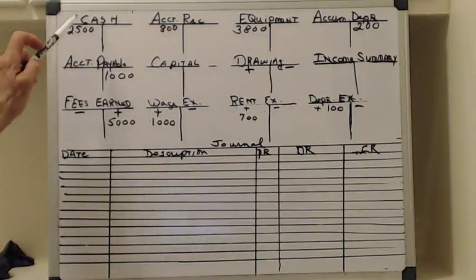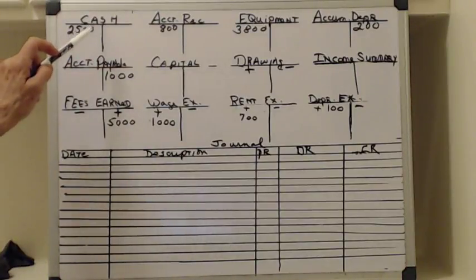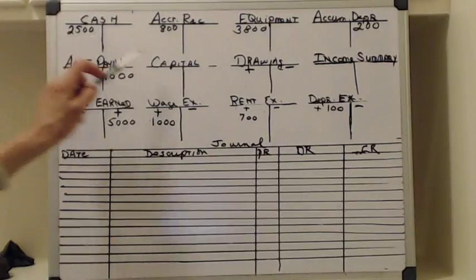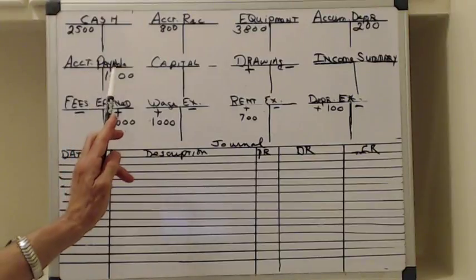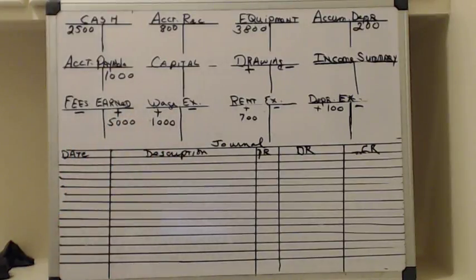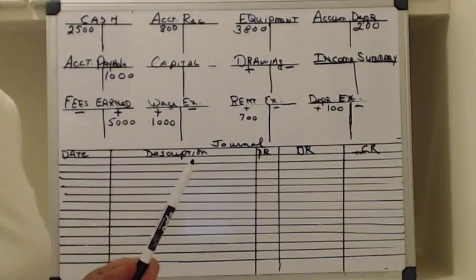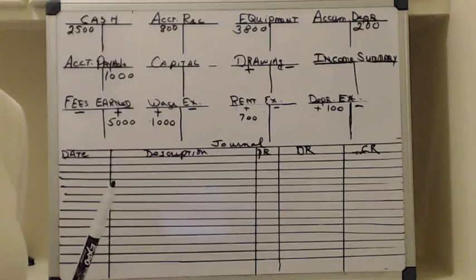Here you can see I have accounts ranging from assets through expenses, all of the different groups of accounts that we have. We're going to close some of these, and the ones that we're going to close are called the temporary accounts. We only use them temporarily during that period of time, whether it's a month or a quarter or a year.